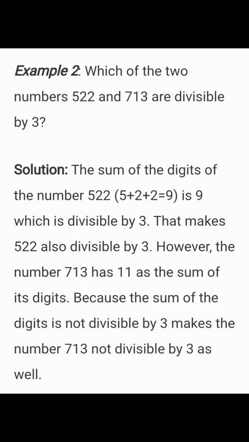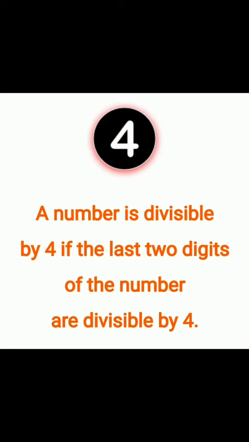That makes 522 also divisible by 3. However, the number 713 has 11 as the sum of its digits. When we add 7 plus 1 plus 3, we get 11. Because the sum of the digits is not divisible by 3, the number 713 is also not divisible by 3. Now, let's see 4.